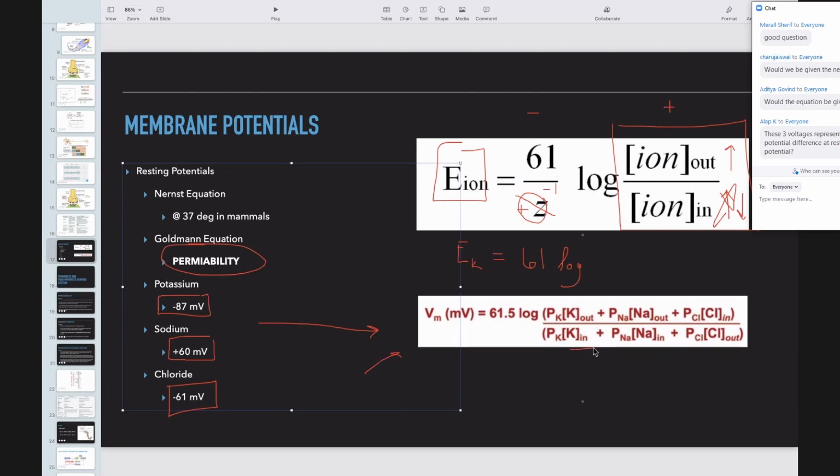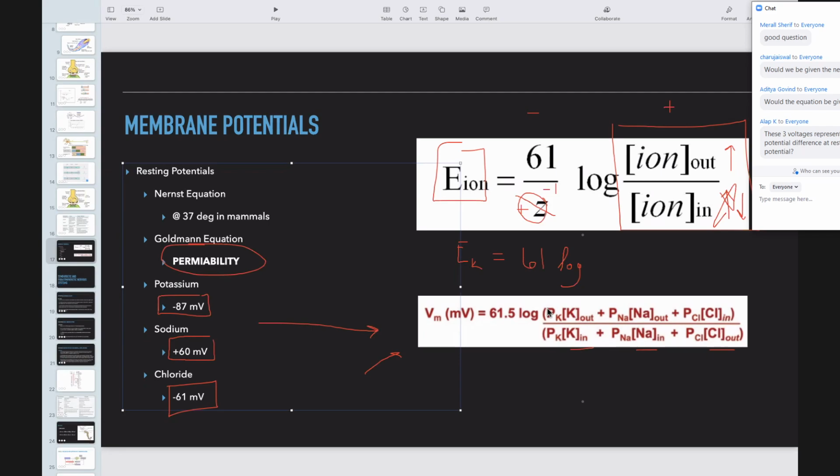So now we have the potassium, we have the sodium, and the chloride, and all of their resting potentials being summed up into one equation. And so we have found that the differentiating factor, why some ions play a greater role in determining this membrane potential, where it comes down to is permeability. So what I mean by that is at a resting state, we have those potassium leak channels, right?